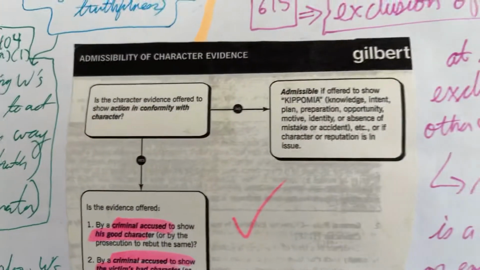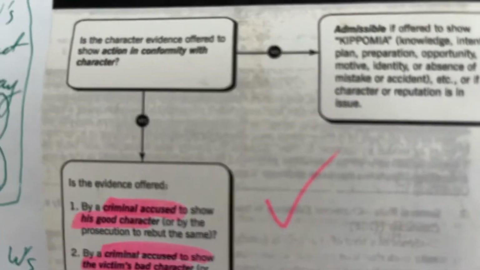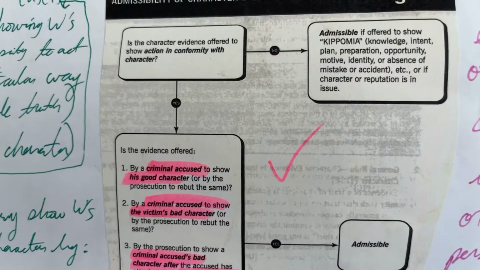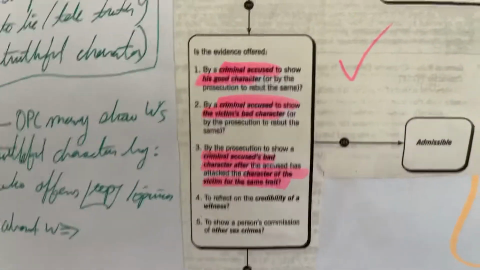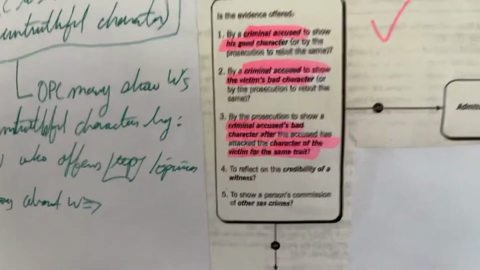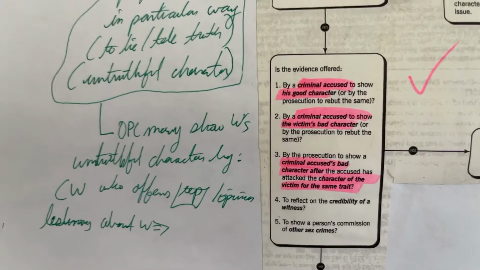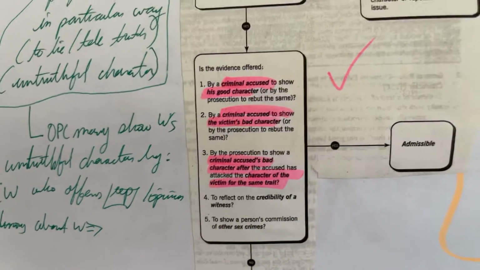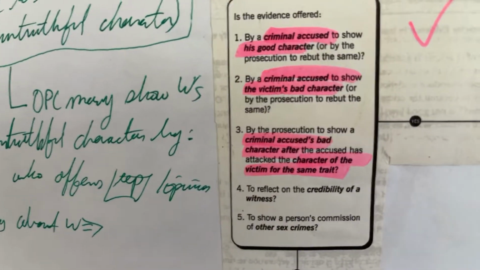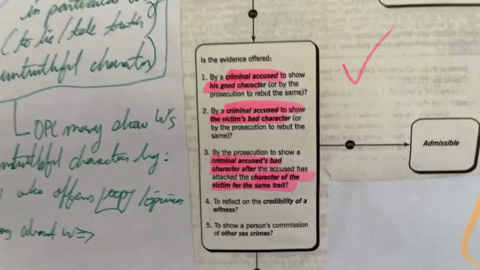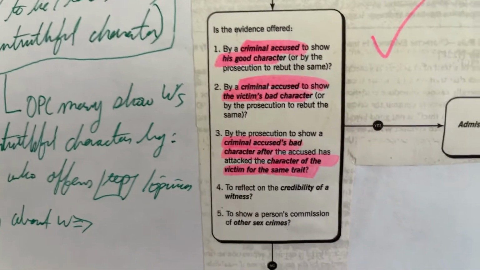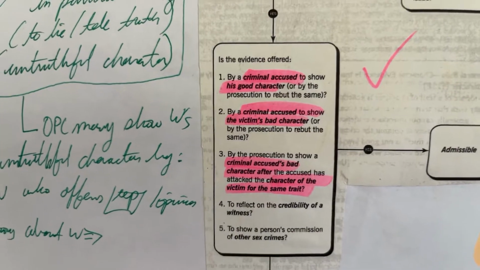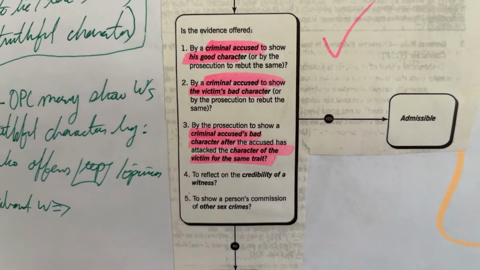If the answer is no, then it is admissible if offered to show knowledge, intent, plan, preparation, opportunity, motive, identity, or absence of mistake or accident, etc. If character or reputation is an issue, citing Gilbert, is the evidence offered by a criminal accused to show his good character, or by the prosecution to rebut the same; by a criminal accused to show the victim's bad character, or by the prosecution to rebut the same; by the prosecution to show a criminal accused's bad character after the accused has attacked the character of the victim for the same trait; to reflect on the credibility of a witness; or to show a person's commission of other sex crimes?